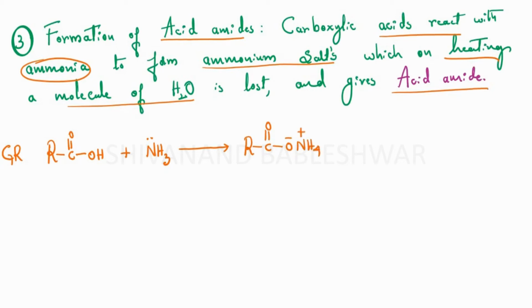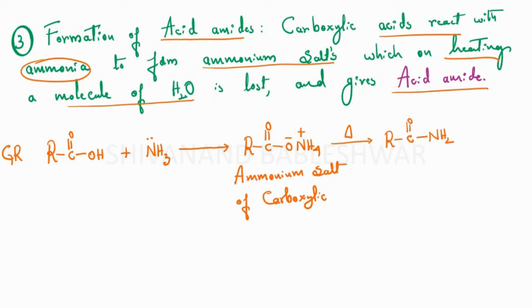Now this is called the ammonium salt of carboxylic acid. And this intermediate on heating loses a molecule of water and gives our product, the amide RCONH2 plus H2O.